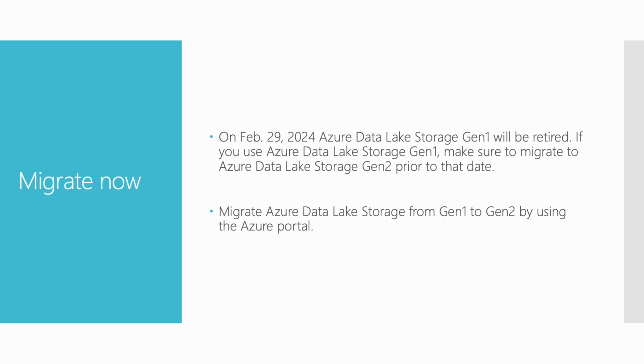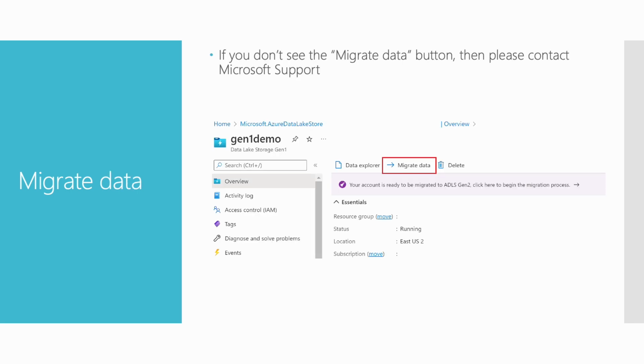We're now requesting all our customers to migrate to Gen 2. To help you migrate from ADLS Gen 1 to Gen 2, we have a service which you can use using the Azure portal. Let's jump into the demo right away.